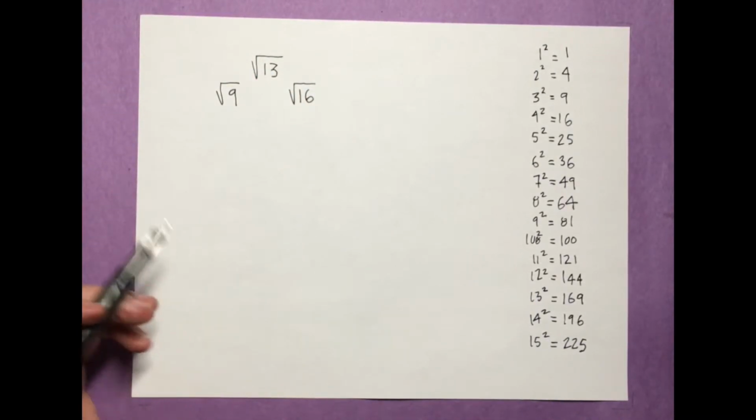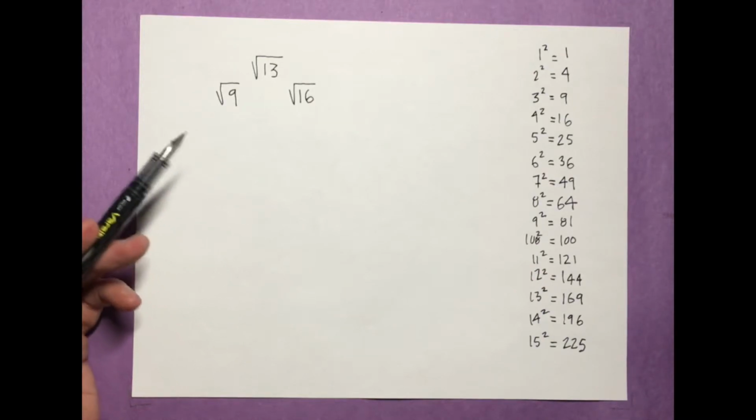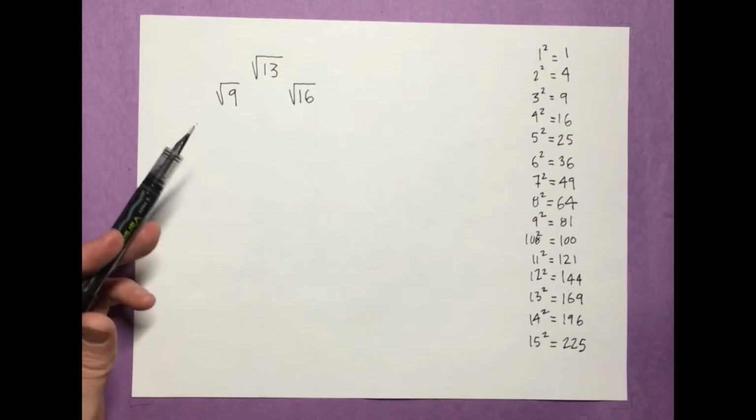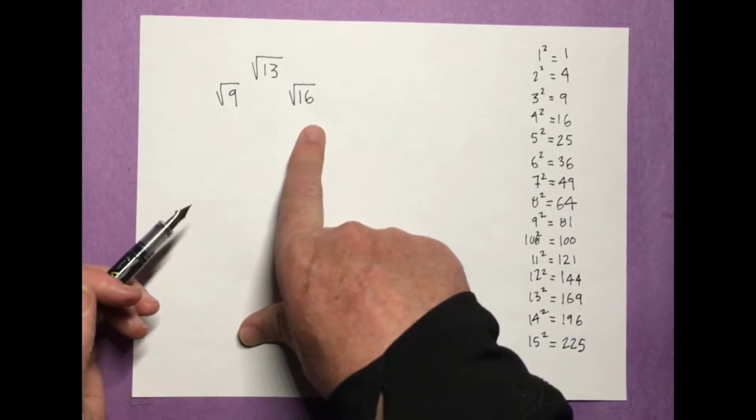Now, I could likewise say that it must be between the square root of 11 and the square root of 14 or 15. But that's not as helpful to me because I do know what the square roots of 9 and 16 are, don't I?